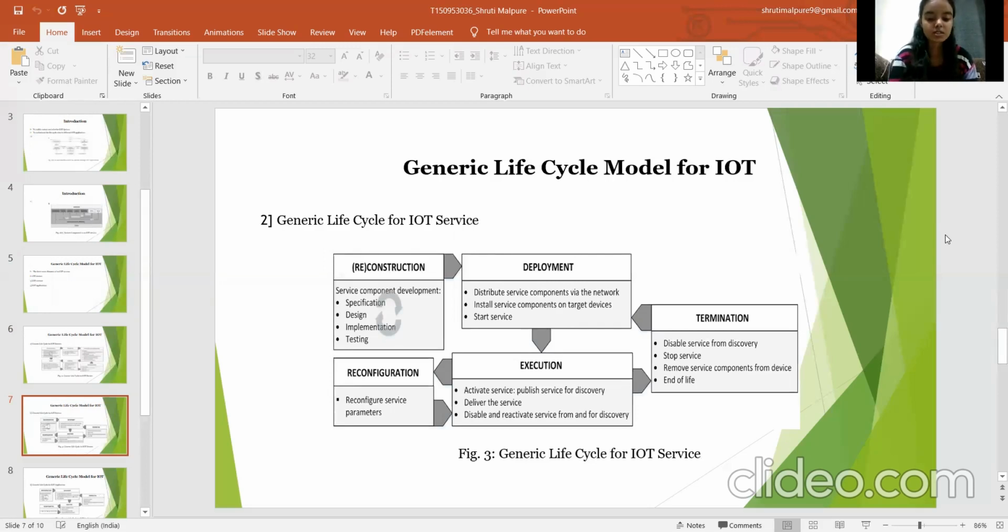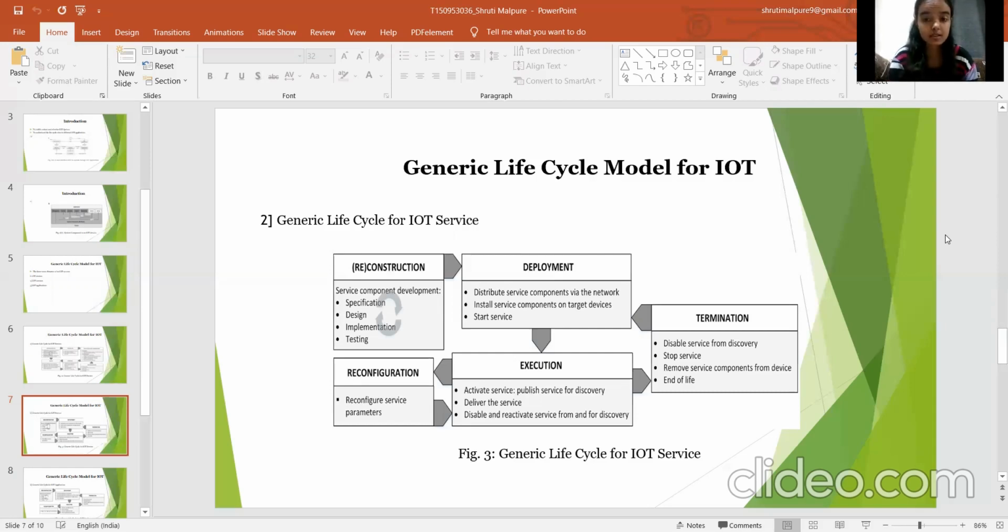The construction stage pertains to the construction and reconstruction of the service component for commissioning the device. Both construction and reconstruction follow the common software development lifecycle of specification, design, implementation, and testing to ensure functional appropriateness.